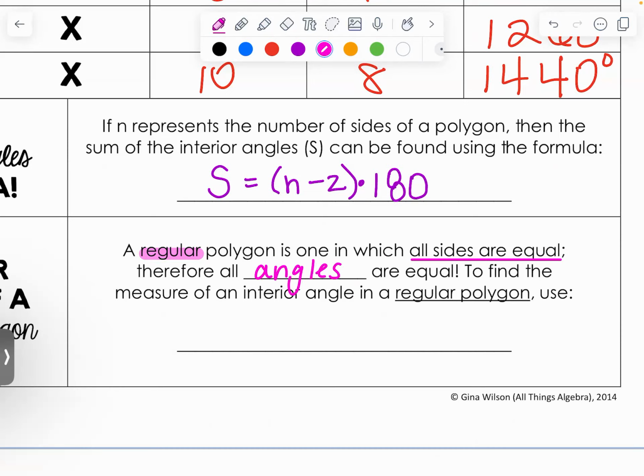So if I wanted to find the measure of one angle, I'd find the sum, and then divide by the number of sides. Sum over number of sides.